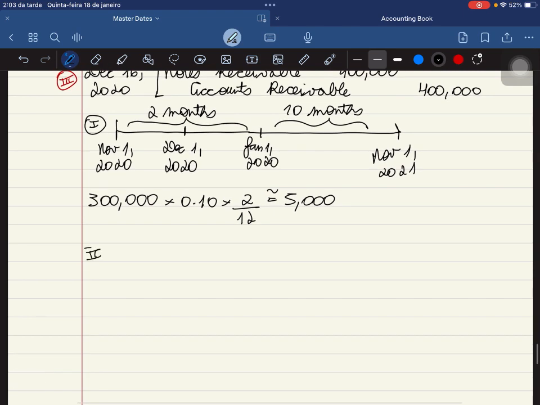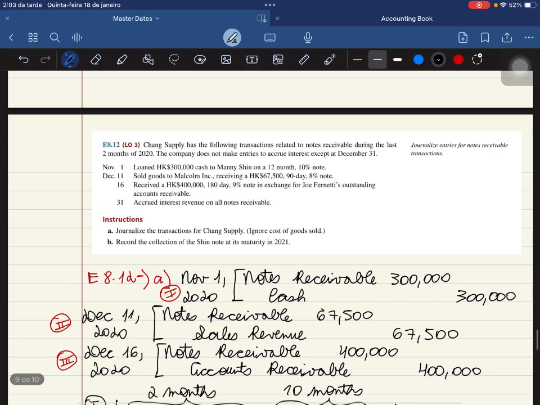What about the second one? Let's make the timeline. It is a 90-day note. The first one we were dealing with months, but since this one we're dealing with days, let's make the timeline according to days, just so it's more simple for us.